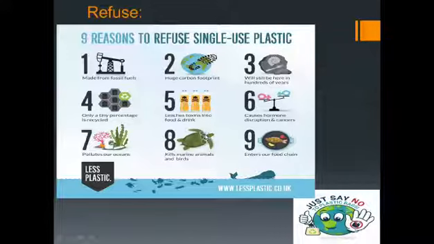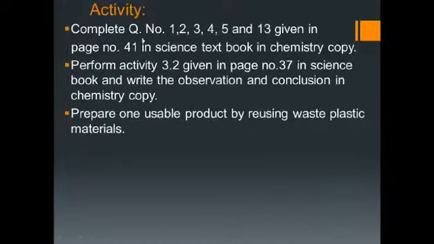Children, hope you have understood the topics that we have discussed today. Read all the topics thoroughly. Now it is time for some activities for you. You have to complete question number 1, 2, 3, 4, 5 and 13 given on page number 41 in the science textbook, in the chemistry copy.